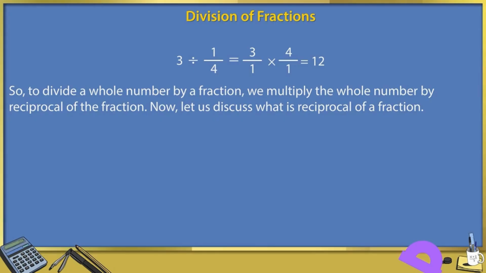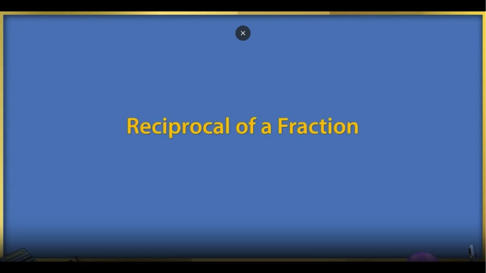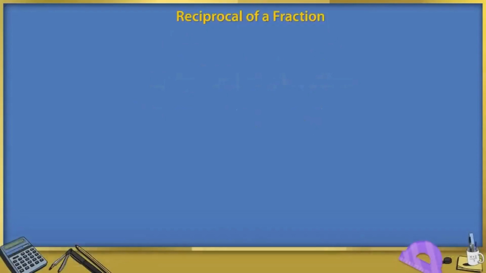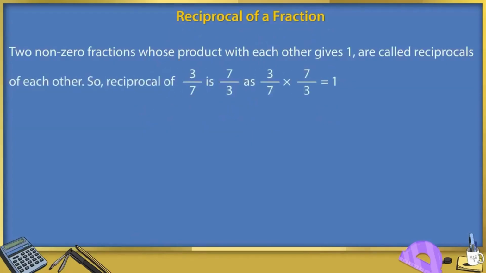Now, let us discuss what is the reciprocal of a fraction. Reciprocal of a fraction. Two non-zero fractions whose product with each other gives 1 are called reciprocals of each other.